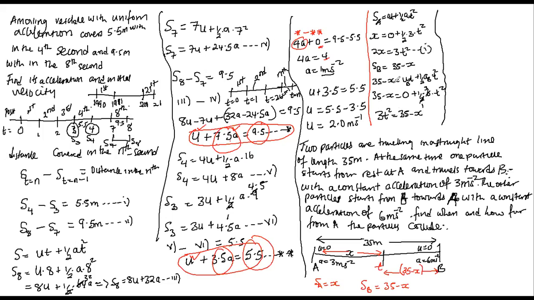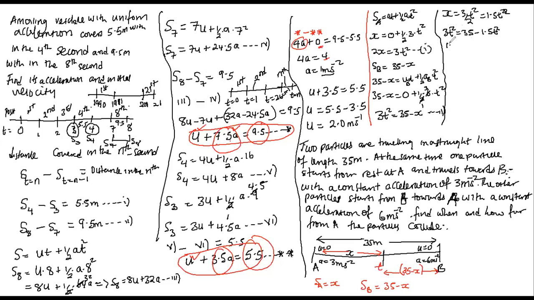Having realized that, I can solve equations 1 and 2 together. According to equation 1, X is 3 over 2 T squared, or 1.5 T squared. Drop the X here, and you get 3T squared is equal to 35 minus 1.5 T squared.